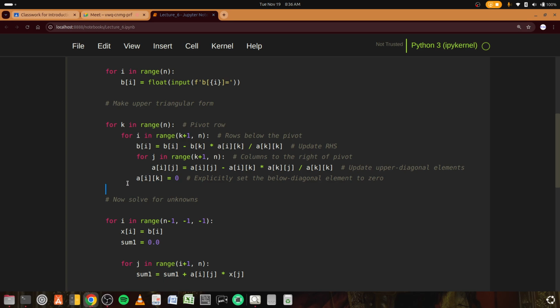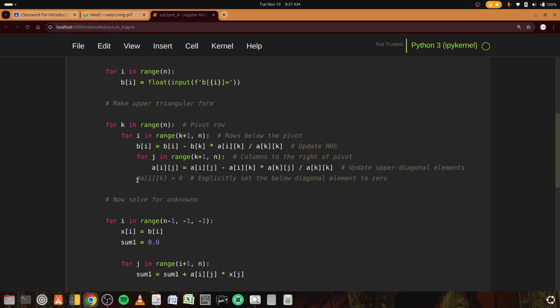If you want to set the terms below the diagonal to 0, you can explicitly make aik equal to 0 here. If you just ignore them, that will also be fine. If I make this a comment, that will be fine too.